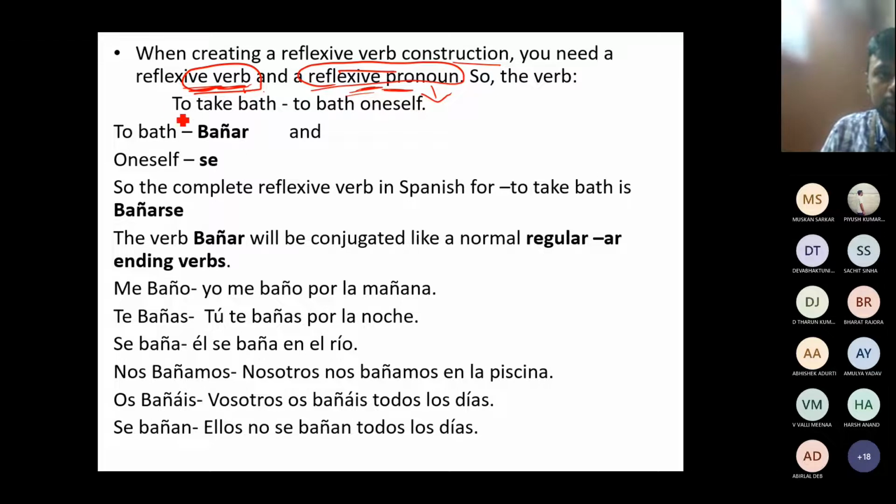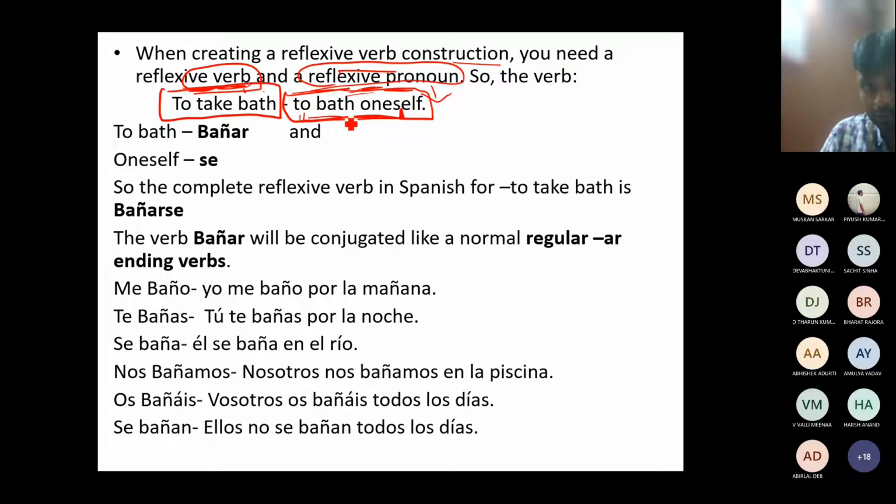Just an example, here we have taken the verb to take bath. That is what you use in English. But in Spanish, the same verb is not used in the same way. Basically, it is used as to bath oneself. In English you use the verb to take bath, but in Spanish that verb is used as to bath oneself.